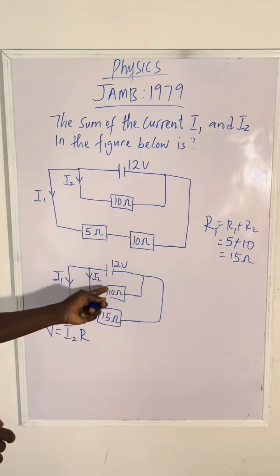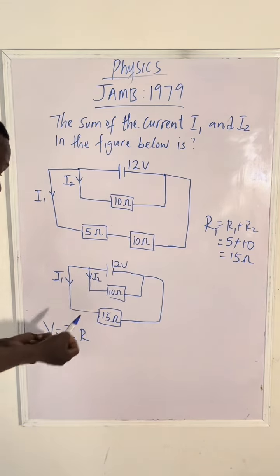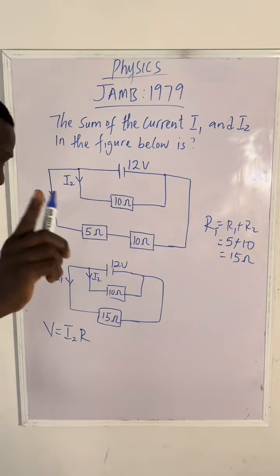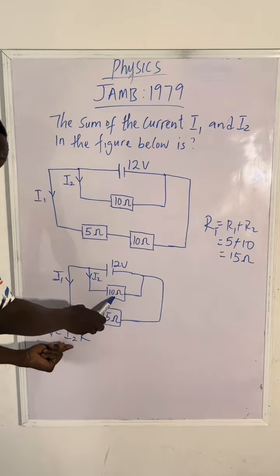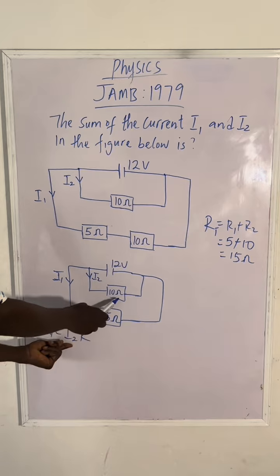To find the current I2 passing through this 10 ohm resistor, I'll use V equals I2R. When we are trying to find I2, the resistance has to be 10 ohms, because this is the current passing through this 10 ohms.